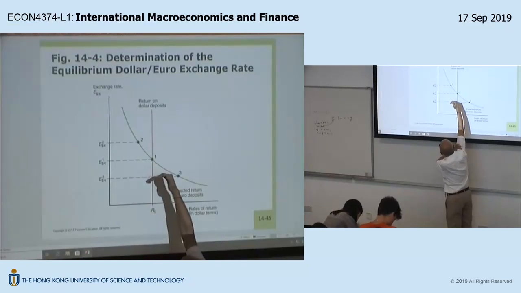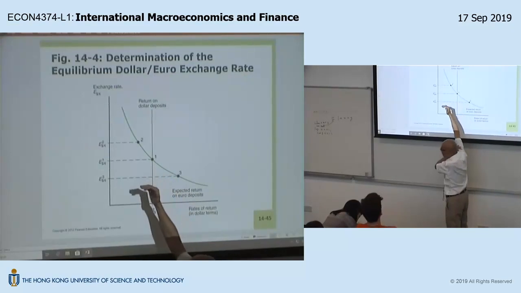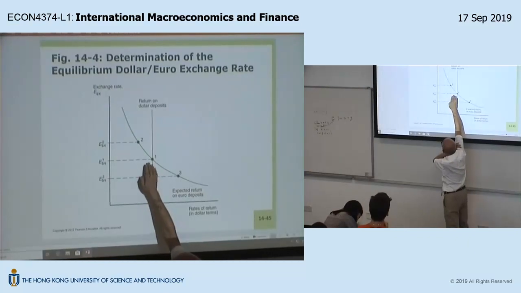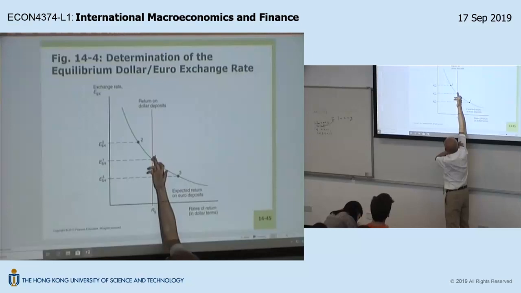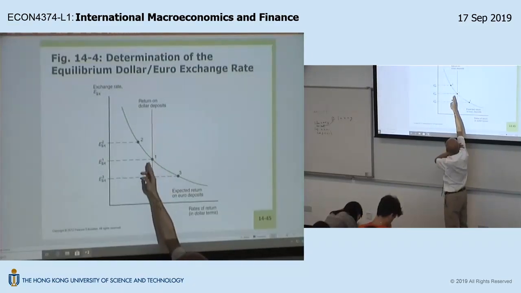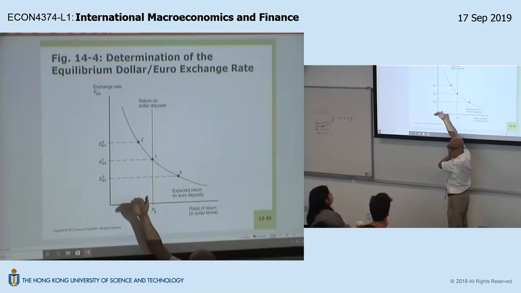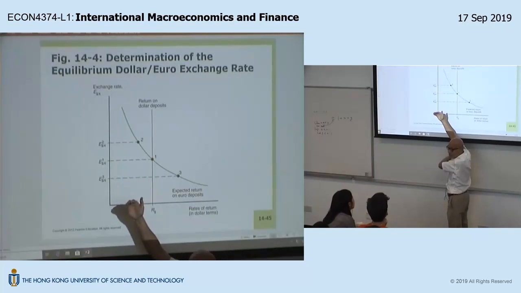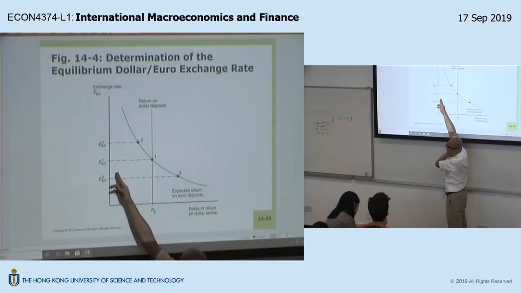So there's a force that will drive the E to be lower. And as long as this yellow curve is to the right of the green curve, people will still want to sell euro and buy dollar, so the dollar will keep appreciating until it becomes E1.